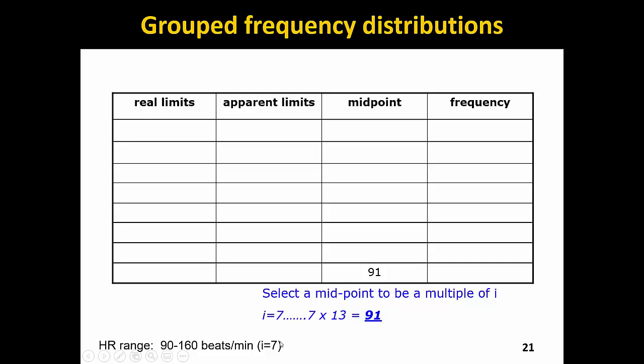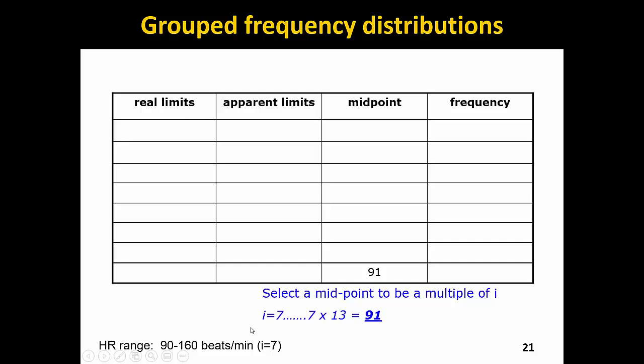So 7 times 11, the next multiple up, is going to give us 77, still nowhere close to that lowest value of 90. We continue until we land on 7 times 13, which is 91. And 91 is not the exact same value as 90, but it's very close.